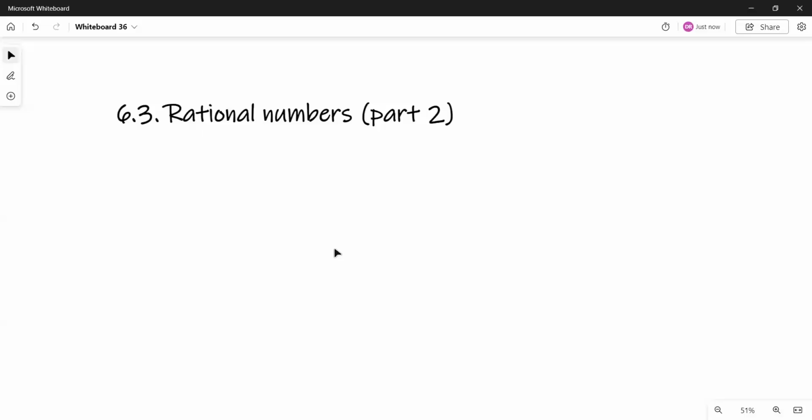Okay, a number like 123/8. This is an example of an improper fraction.